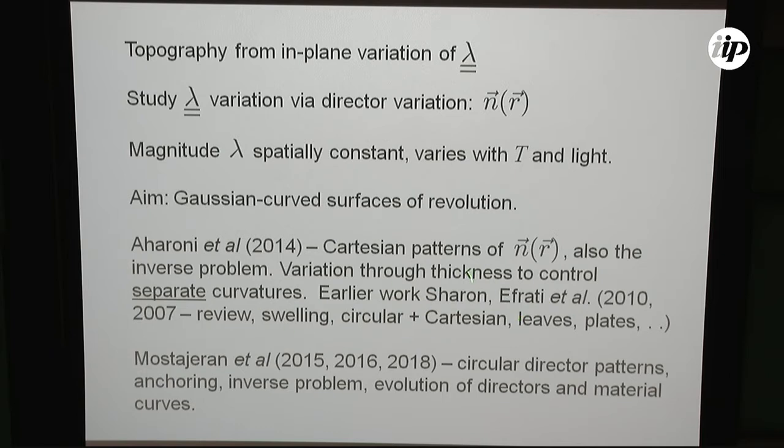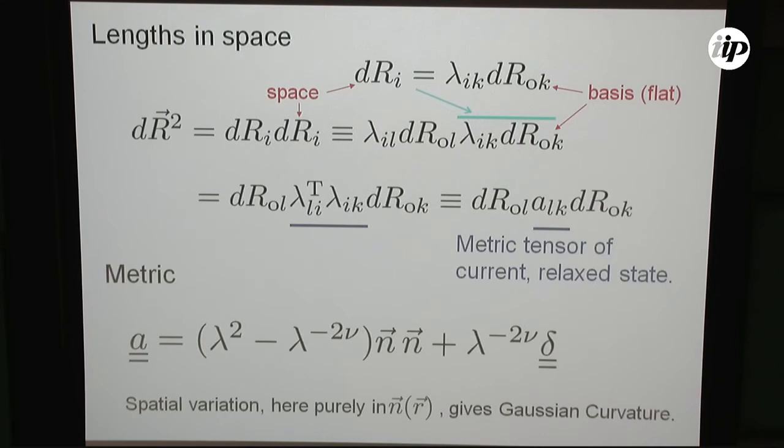This work lived upon other work about managing the metric, but not by direct liquid crystal methods, but by swelling and so on. And then some work that I've done with a very able man, Cyrus, here. So we talk all the time really now about the fact that the squares of the distances in the space we're interested in can be related to the squares of the distances in a basis state, which is a flat space, and a metric tensor connects the two.